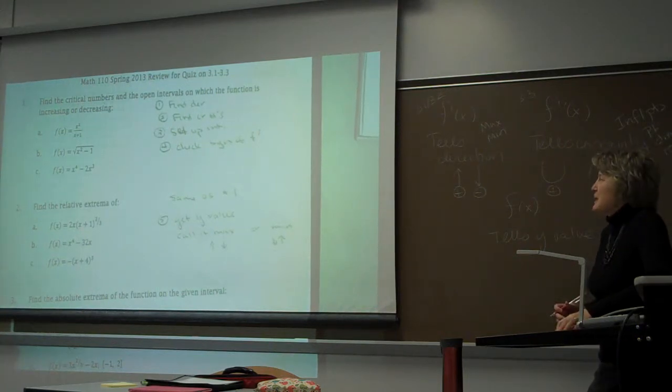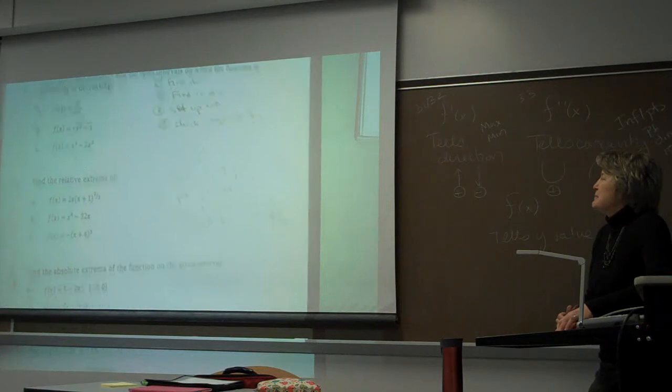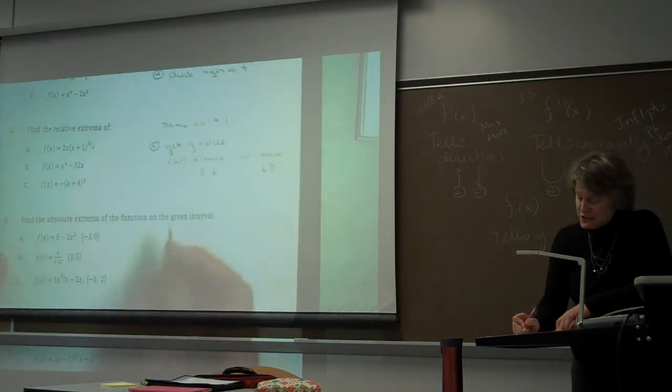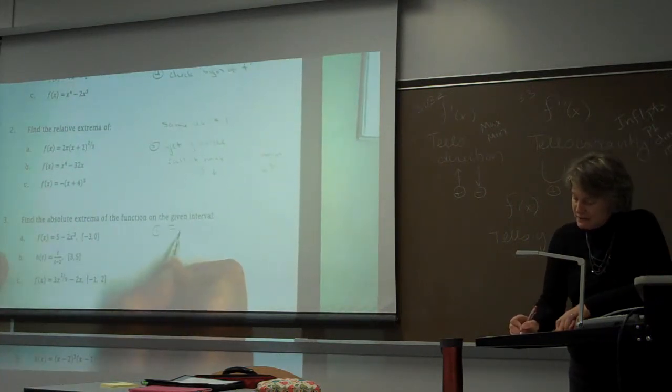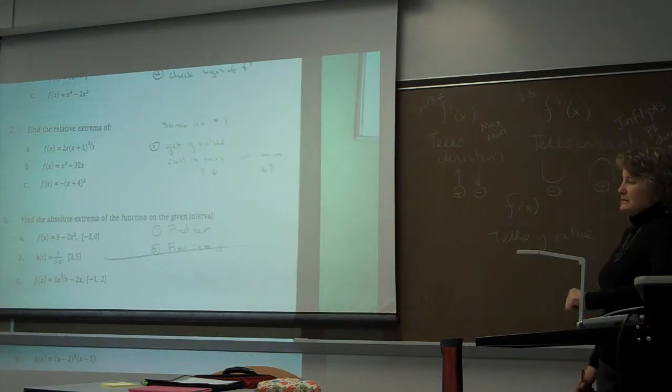But your question was, what about absolute extrema? How is that different? Well, if you remember, we said you first find the derivative, and then you find the critical values. But that's where it changes. Those first 2 steps are going to be the same.